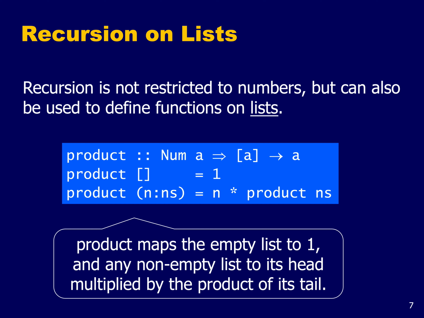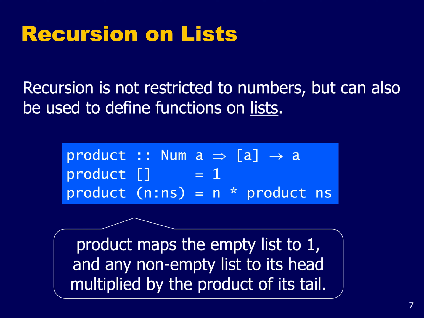So here, for example, is how we could define the product function, which we used in the definition of factorial. It's got 3 lines, so let's consider these 3 lines one at a time. The top line is the type, and it says for any numeric type A, product is a function which takes a list of A things and gives you back a single A thing.